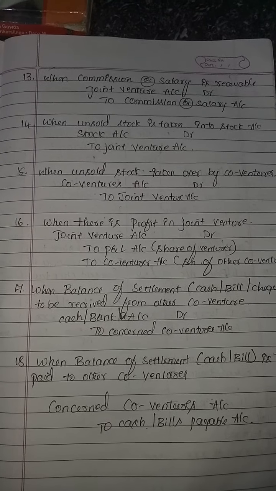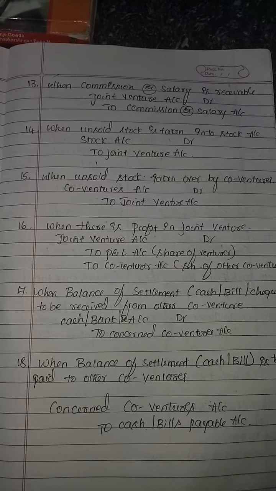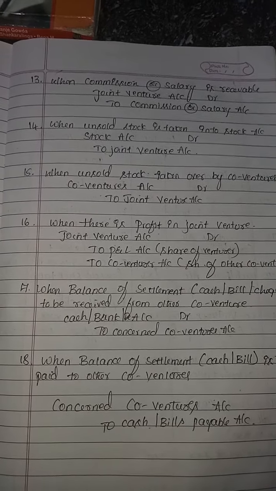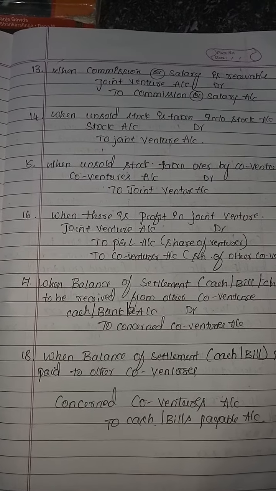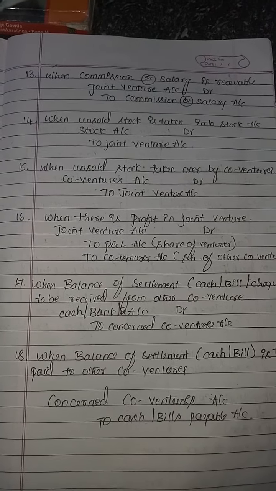If there is any profit in the joint venture, at that time the entry will be joint venture account debit to P&L account. I mean, the P&L account is considered as the share of the venturer. Any share of the other co-venture will be credited to the co-venture account.